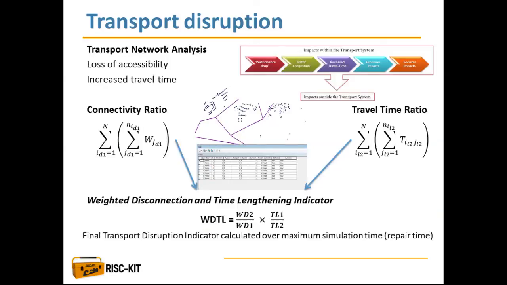The model will then calculate the loss of accessibility by calculating a connectivity ratio and the increased travel time by calculating a travel time ratio, and will combine these two indicators into a weighted disconnection and time lengthening indicators. This indicator is calculated on a daily basis and integrated over the maximum simulation time.